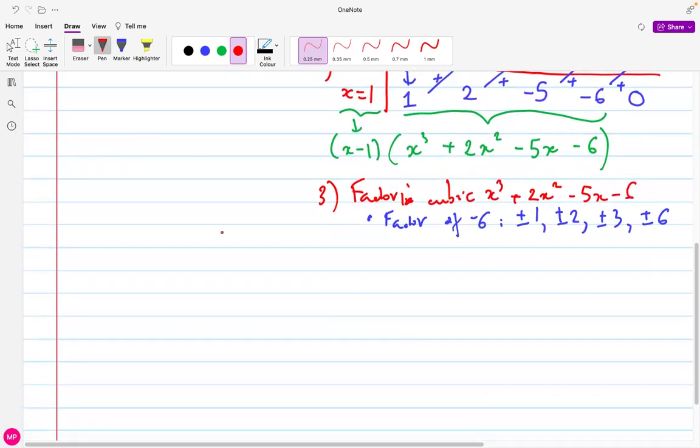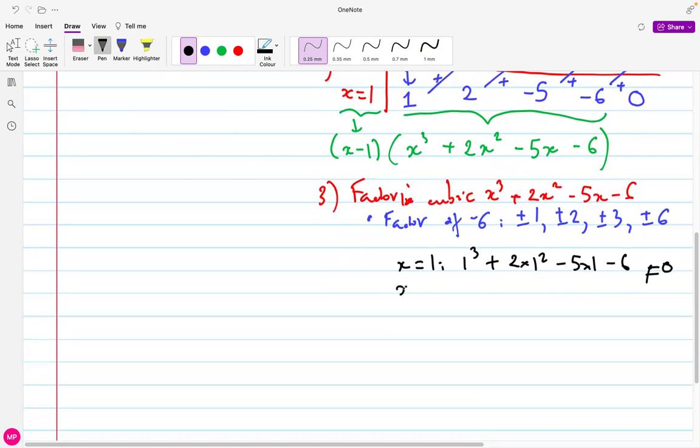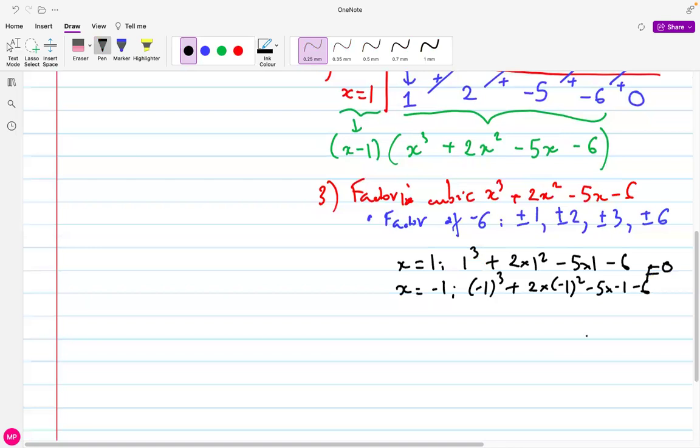All right, now I try 1. If you try x equals 1 in here, you would have 1 cubed plus 2 times 1 squared minus 5 times 1 minus 6. That does not give me 0, does it? No. If you try x equals negative 1, you have negative 1 cubed plus 2 times negative 1 squared minus 5 times negative 1 minus 6.